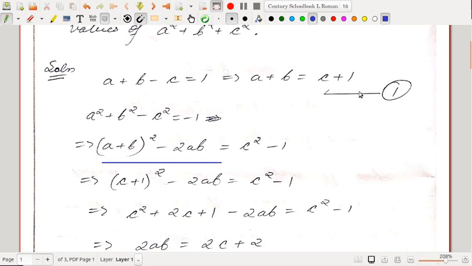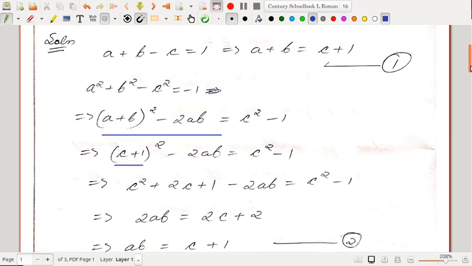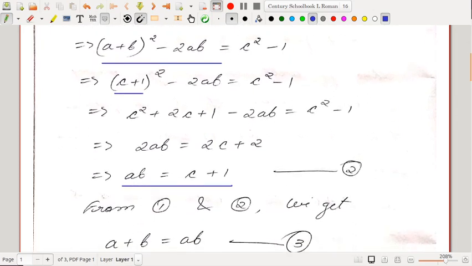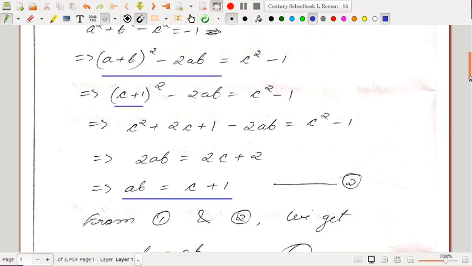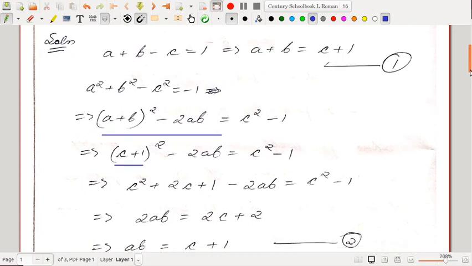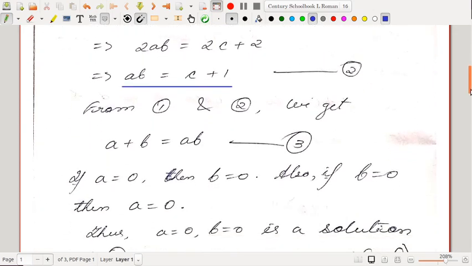Then using the first equation, in place of a plus b we can write c plus 1, and after some simple simplification we get a plus ab equal to c plus 1. We denote this by equation 2. So comparing 1 and 2, we see that a plus b equal to ab.